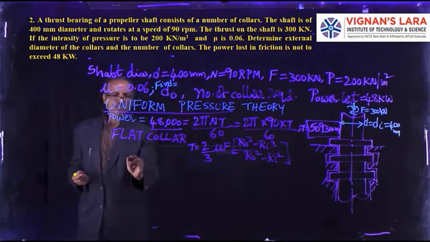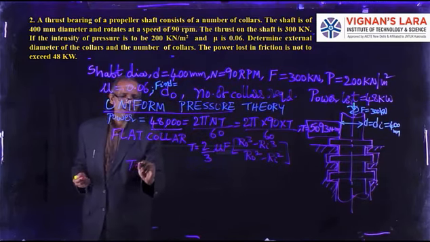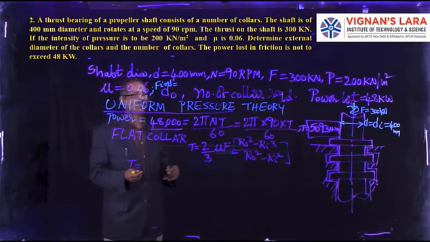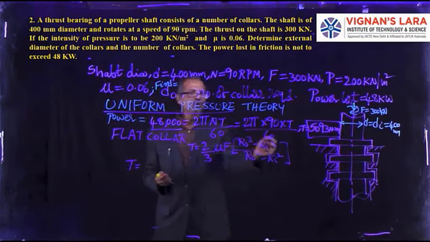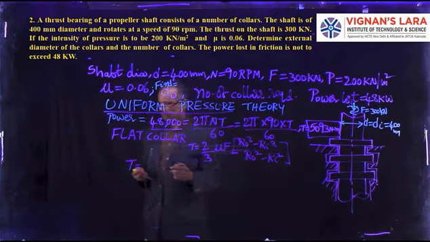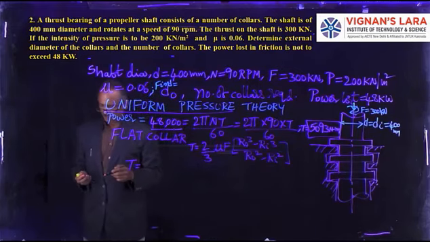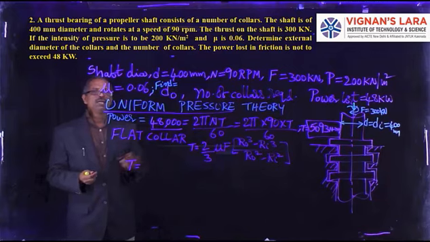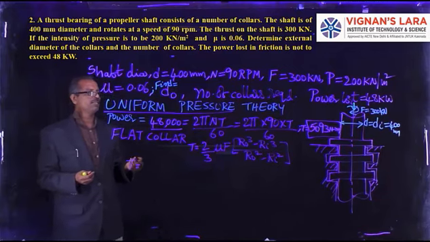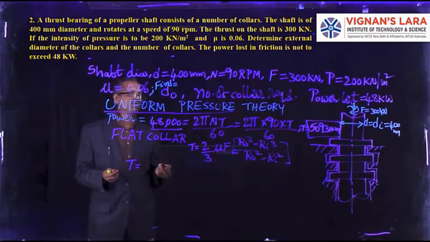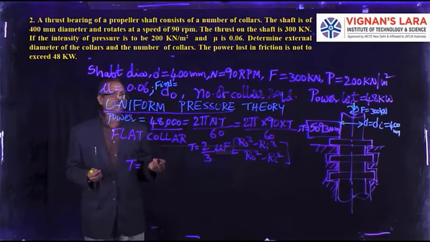Then, just for simplicity, I will rearrange this equation. You are familiar with the mathematics from your intermediate: a cube minus b cube can be written as (a minus b) into (a square plus b square plus ab).